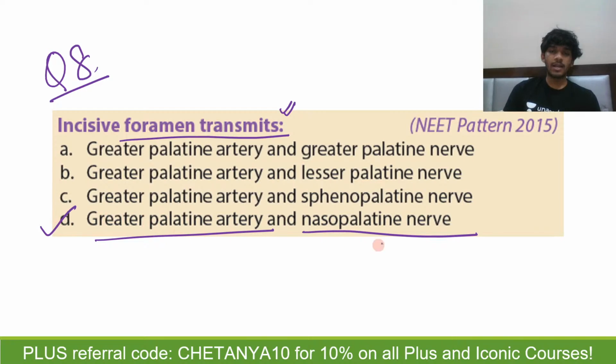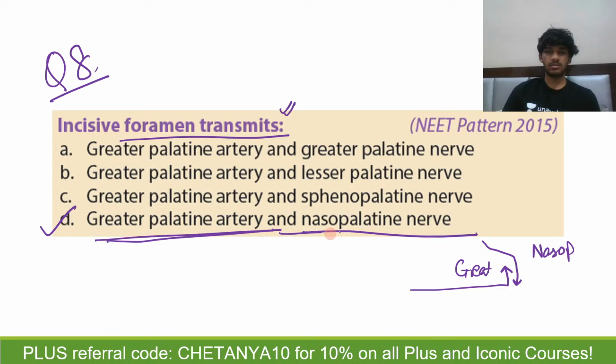Okay. So I told you that there is a nerve that goes from the nose to the palate. That is the nasopalatine nerve, and there is an artery which will run here and go up the incisive fossa, which is known as the greater palatine artery. The answer here will be D.